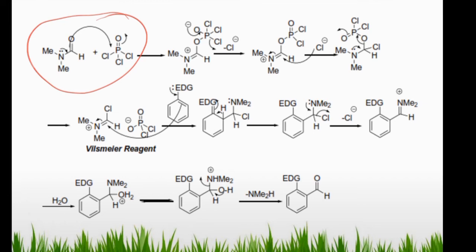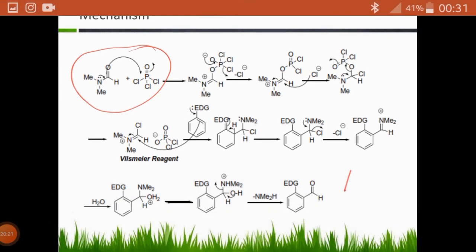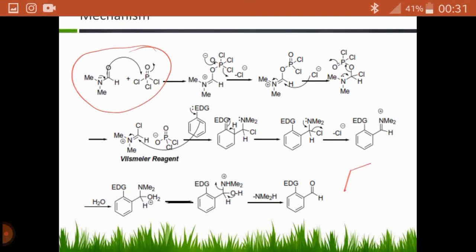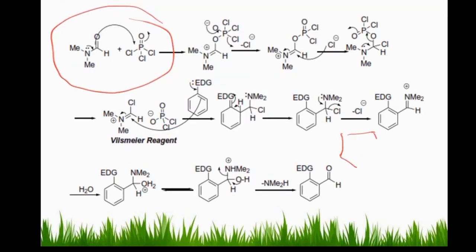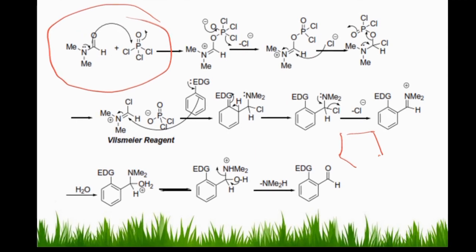So I have an in-text question. Please draw the mechanism by taking pyrrole instead of this benzene ring. So instead of the benzene ring, you have to use pyrrole. Along with these two reactants, you have to take pyrrole.